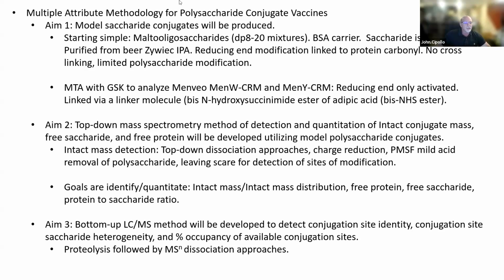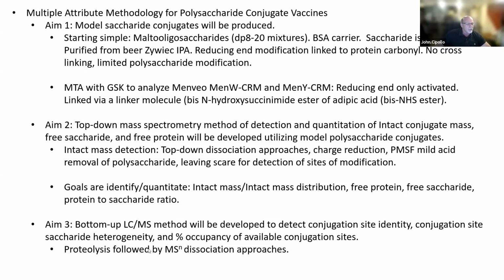Then we have an MTA with a number of companies to look at actual products, or drug substances that are available in products, and where we have an understanding of the esters. And we'll do top down. So the intact conjugate, we will do some top down analysis to generate some of that data that we're after.